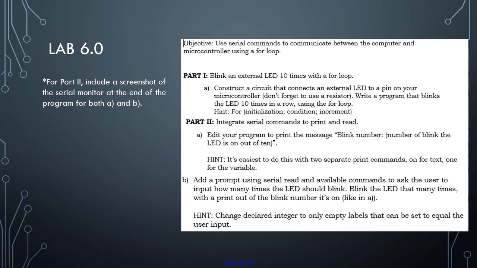And then as for part B in part 2, I will also need a screenshot of what your serial monitor looks like at the end of the program. It doesn't matter what number you put into it, as long as you have that prompt, the user is putting in a number and it's printing out that blink number message. I will say do not put in the number 10 in response to this prompt, because then I won't be able to differentiate.